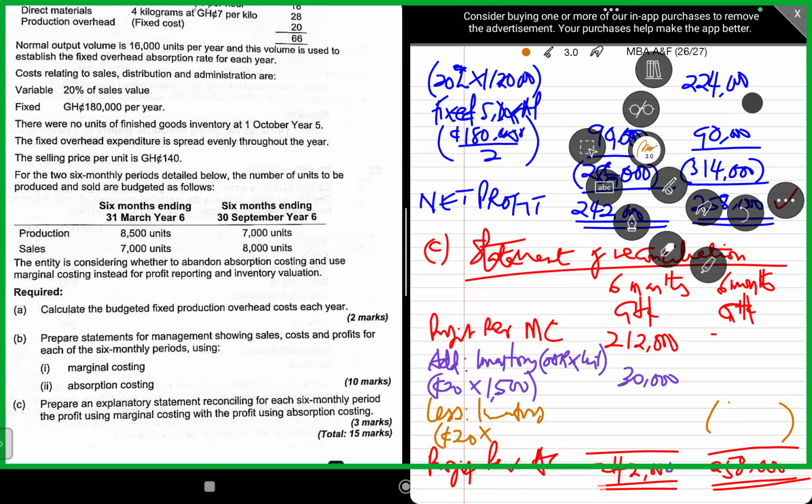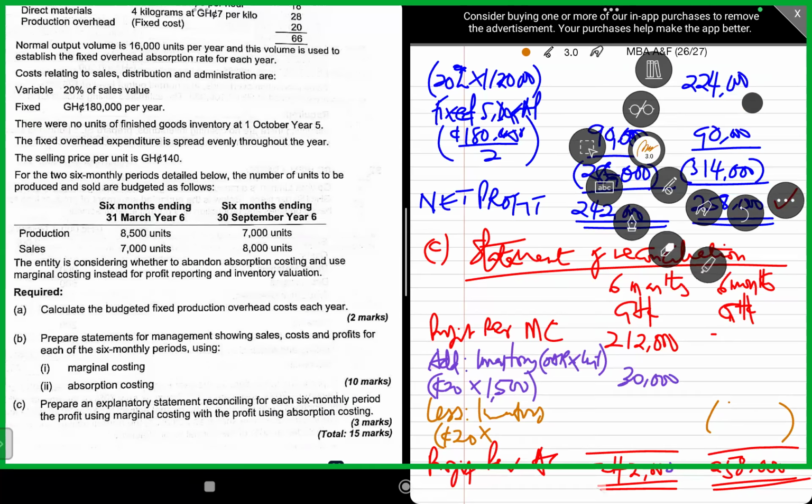Now, this 10,000 here. Wait, no, it's wrong. 20,000 divided by 20 cedis. We divide by 20, sorry. We divide by the OAR. 1,000.